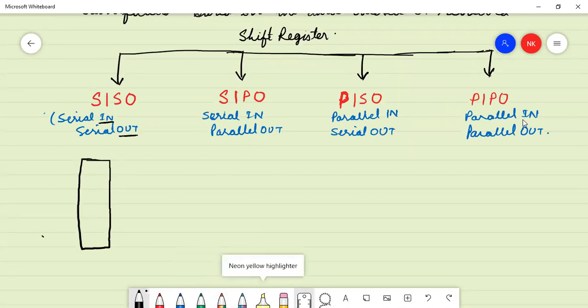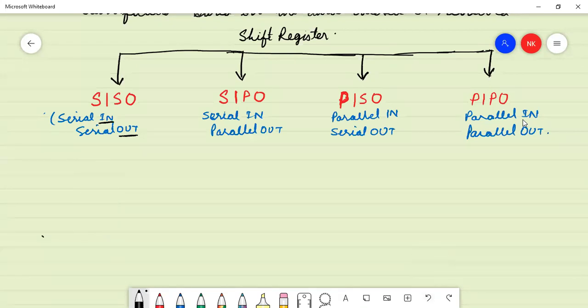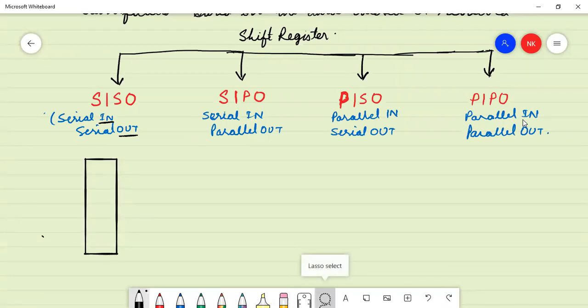Okay, so okay, let me draw firstly 4 blocks. So will it get converted? Yes. So can I copy it? Is it possible? Yes, sir. Let me try it. Yes, copy.